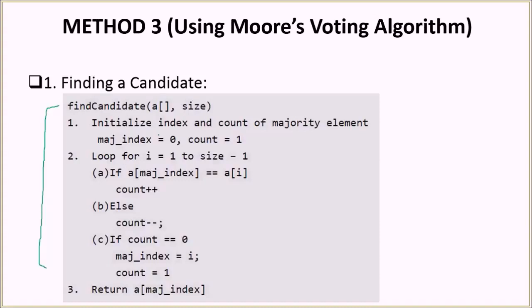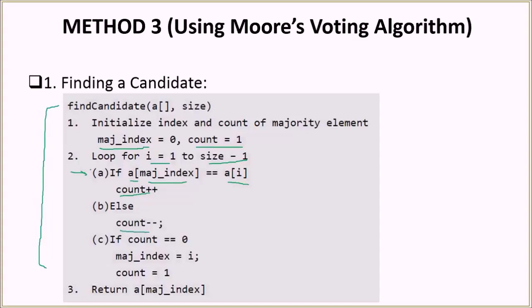Here we initialize the majority index to 0 and count to 1. Then we loop from i equal to 1 to size minus 1, and we check if the element at the majority index is the same as the current element, then we increase the count. Otherwise, we decrease the count.